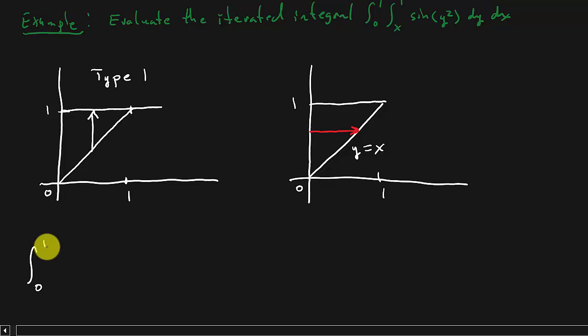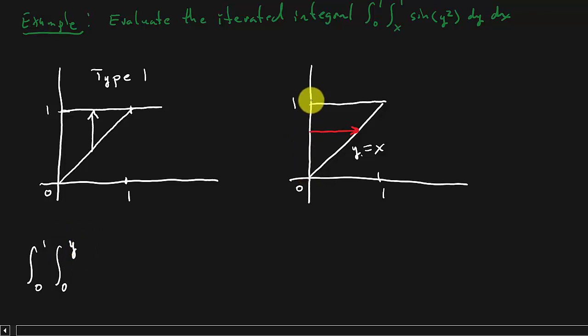Then x goes from 0 out to the line y equals x. What's x? That's y. I have to have this in terms of y.